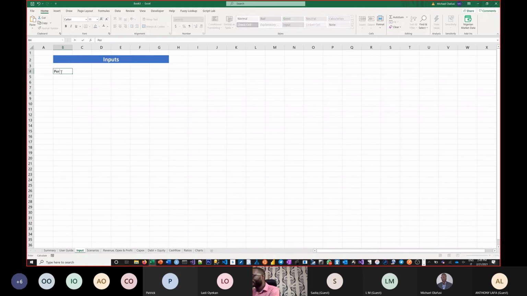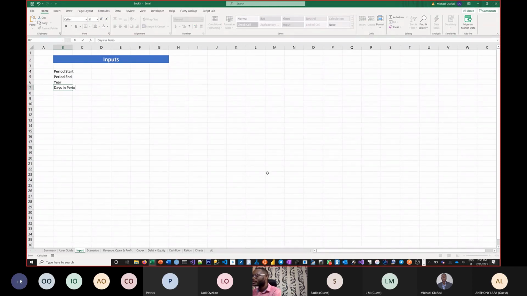So create a period start, period end, the year. Most projects are never really done to be entirely 1 year. So in your period, you either do them monthly or quarterly.